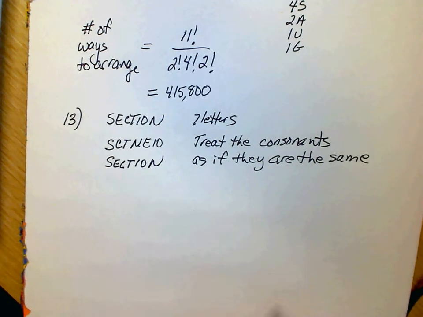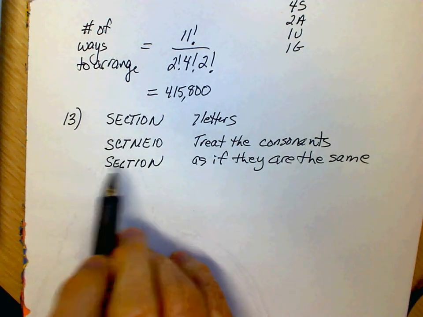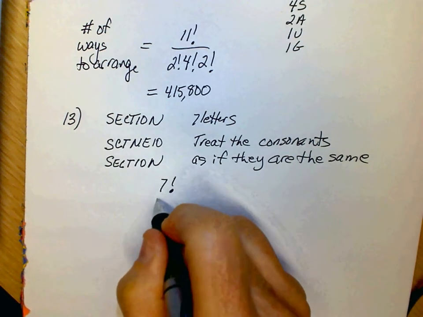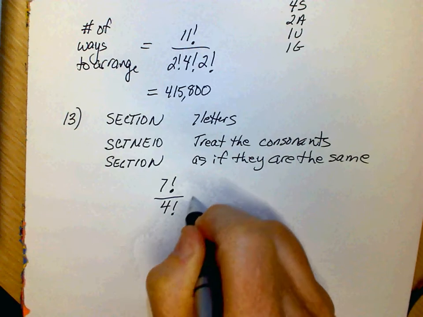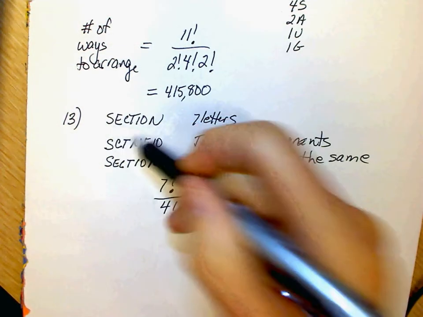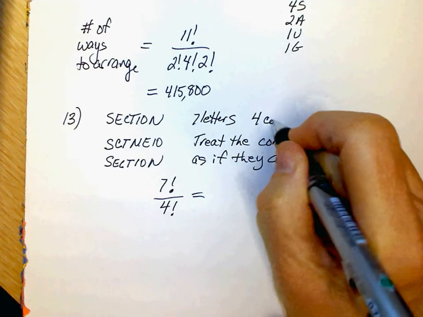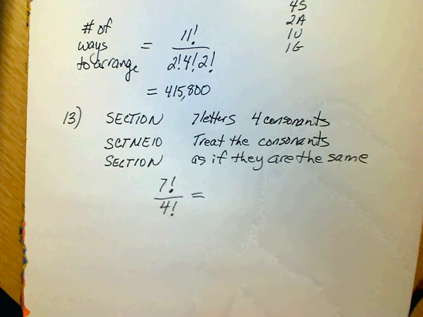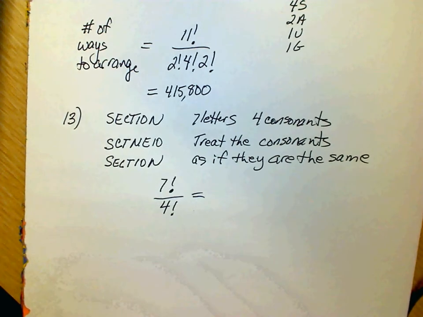Because we don't want to interchange these letters. So we're going to have 7 factorial over 4 factorial because there's 4 consonants, 1, 2, 3, 4. Okay? And then we get our answer.